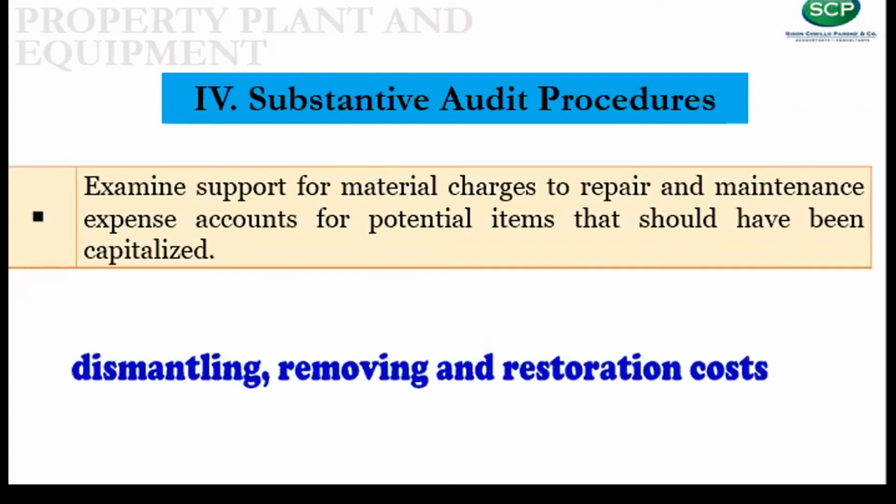The standard provided examples of directly attributable costs that are capitalizable to the cost of fixed assets. For repairs and maintenance, the general criteria of capitalization typically apply. The general criterion is that there should be an additional probable future economic benefit that will flow to the company from the subsequent expenditure to be recognized as an asset.